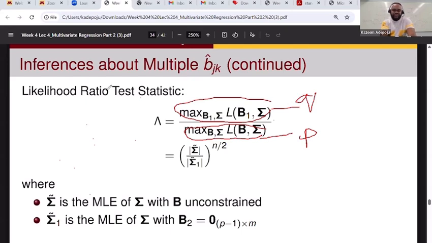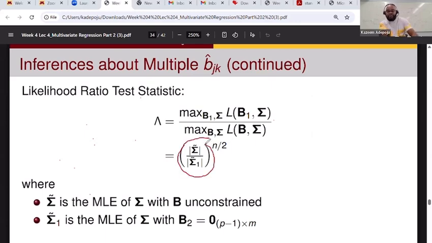At the end of the day, you're going to see we arrive at the ratio of two covariances, the covariance structure for the complicated model and the one for the reduced. Like I said, this one is where we have P numbers, and this one is where you have Q numbers.